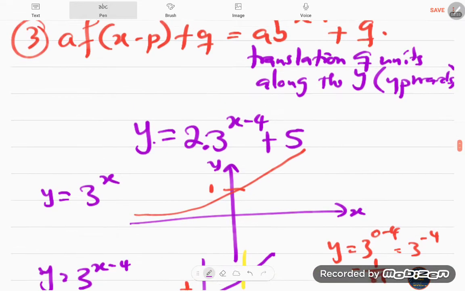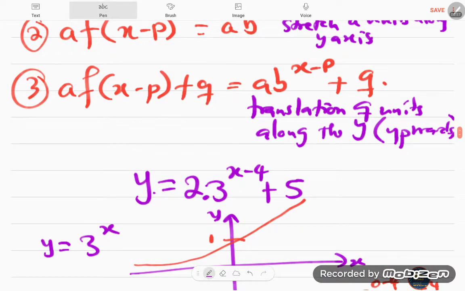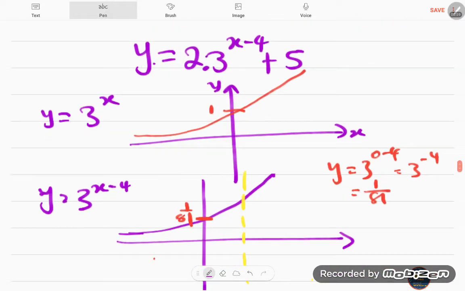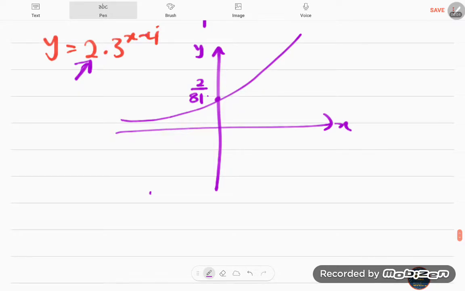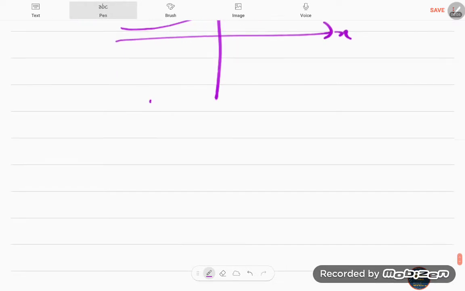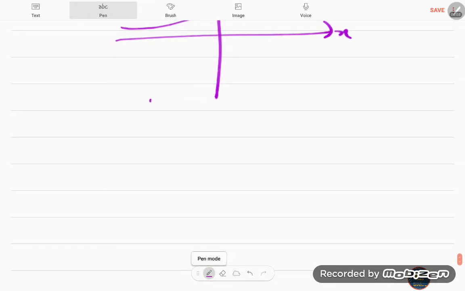And then last but not least, we have to translate q units along the y upwards. In this case, it's plus 5, so we're moving 5 units upwards. It's like saying 5 plus 2 over 81. So it's not the same graph, but it's still the same looking graph, which we're going to draw there.